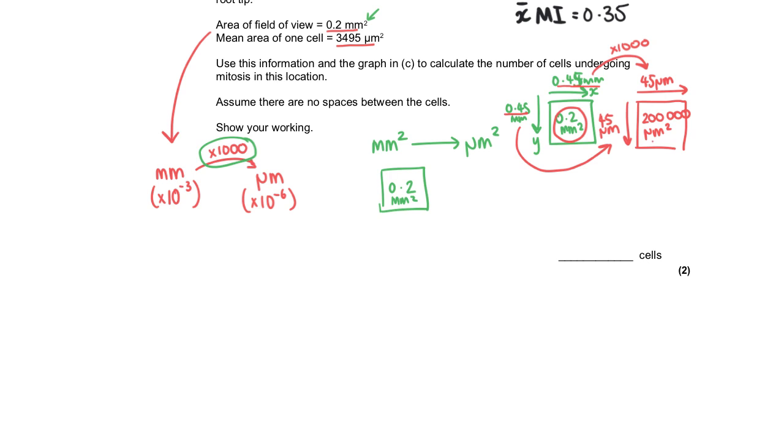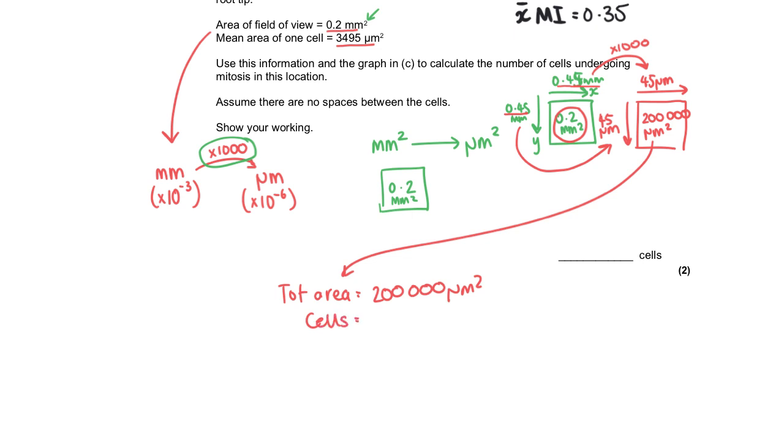So from here, I know that my total area is 200,000 micrometers squared, and the cells take up 3,495 micrometers squared each. The first thing I'm going to do is see how many cells I can fit in this area by dividing my total area, that 200,000, by 3,495.